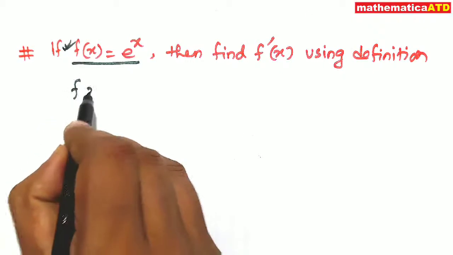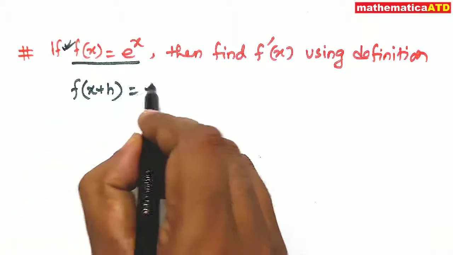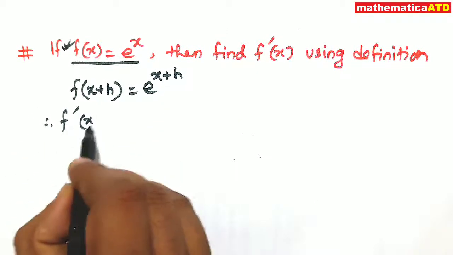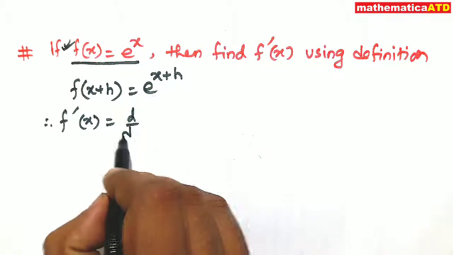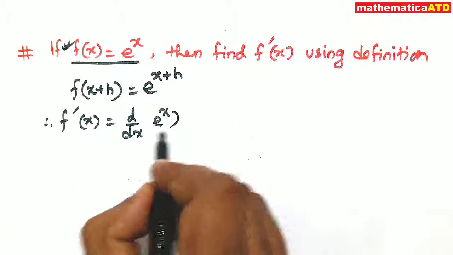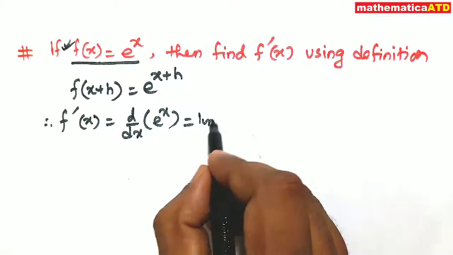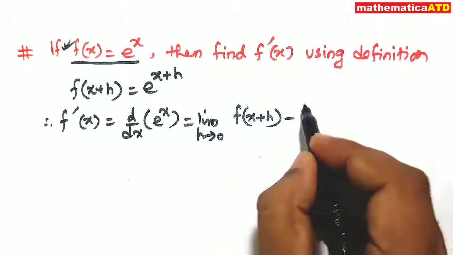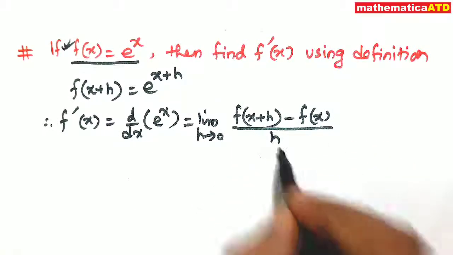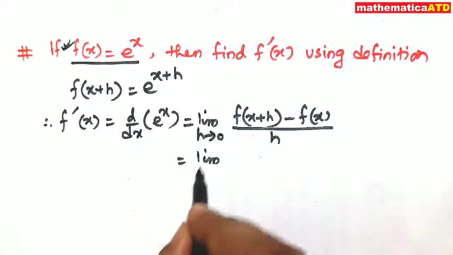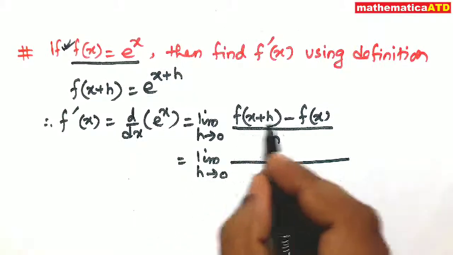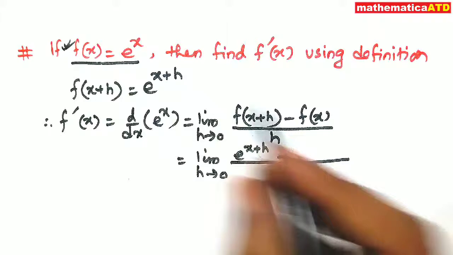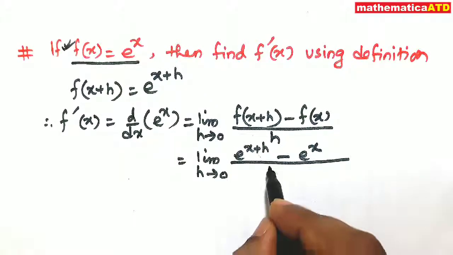So f(x+h) is equal to e power x+h. Therefore, f'(x), that is equal to d/dx of f(x), means e to the power x, is equal to limit h tends to 0 of [f(x+h) minus f(x)] upon h, that is equal to limit h tends to 0 of [f(x+h), that is e power x+h, minus f(x), this is e to the power x] upon h.